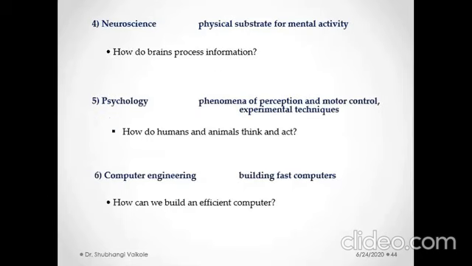The next one is neuroscience. It is in 1861. It covers the physical substrate for mental activity. How does the brain process information? The brain is the nervous system. The brain captures information from the environment, and then this captured information is processed inside the brain.